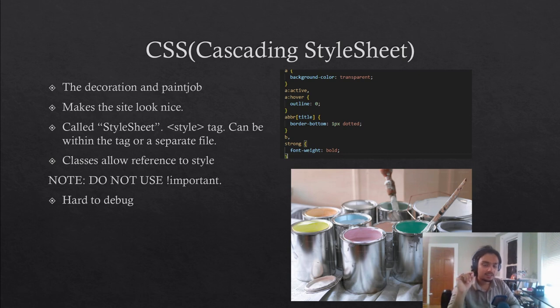I will create a dot class in the CSS and write the attribute, like font weight, write bold. That's how you usually do CSS. You can do that in the paragraph tag itself, or in the style tag you write font weight bold.